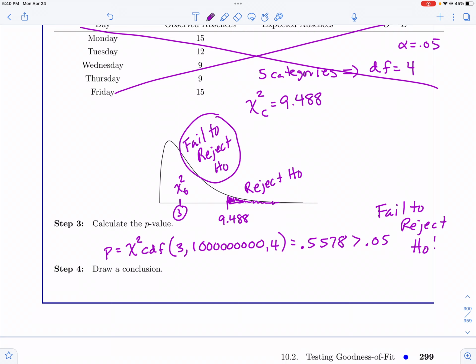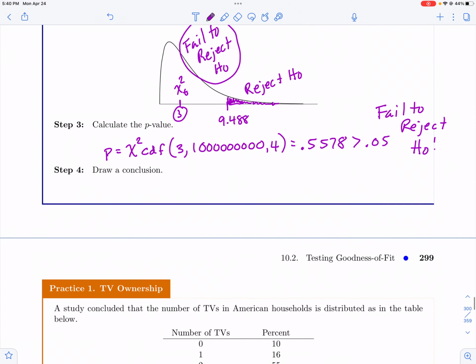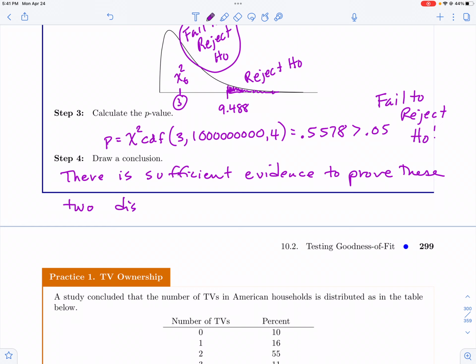Our conclusion is that there isn't sufficient evidence to prove that these two distributions are different, that the expected and observed are that much different.